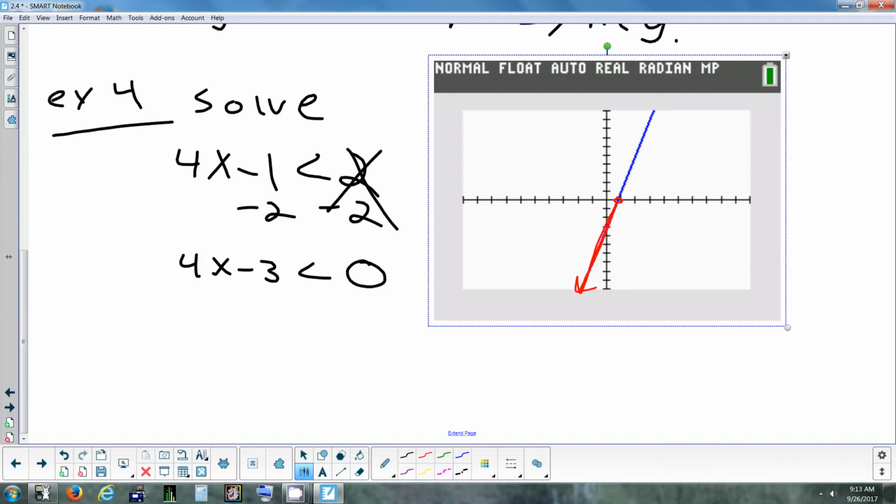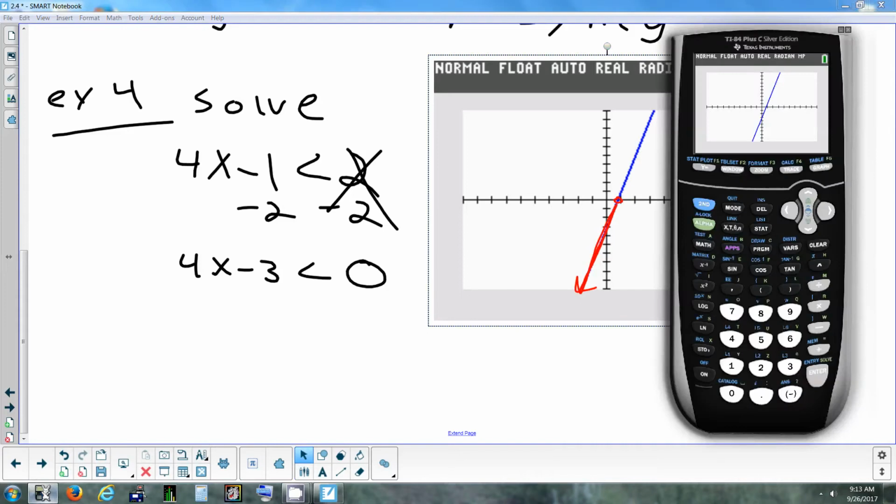All right. So you could probably tell just by, if you just add 3 and divide by 4, you get 3/4. Yeah. So since it's less than, it's just everything to the left. Yep, it's going to be everything to the left because if you plug in an x value to the left of 3/4, it's going to be below 0 for the y value. But I'll go through second calculate zero.